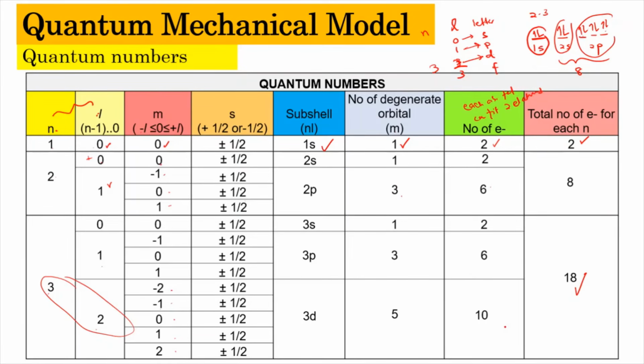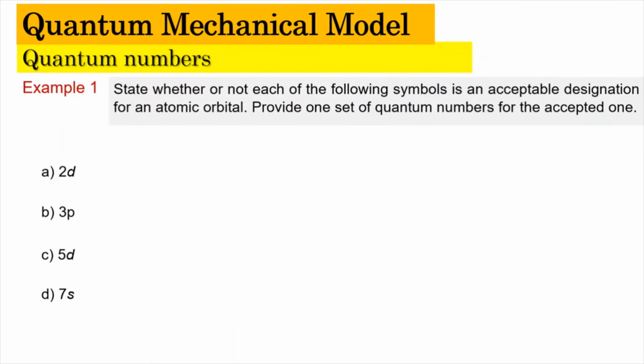Okay. So now let us look into another example to help you visualize that. For example number 1, we need to state whether or not each of the following symbols is an acceptable designation for an atomic orbital. We need to provide one set of quantum numbers for the accepted ones. So we are given 4 questions here, which are 2D, 3P, 5D, and 7S.